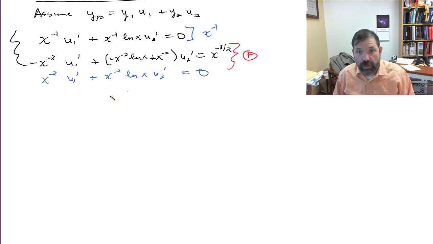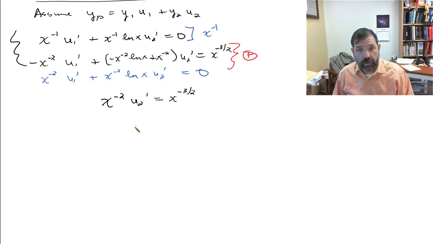Adding those equations together, the first terms add up to 0. Now notice I have a negative x to the negative second natural log x u2 prime and a plus x to the negative second natural log x u2 prime. Again, those add up to 0, leaving, after we add this all up, x to the negative second u2 prime is equal to x to the negative 3 halves.